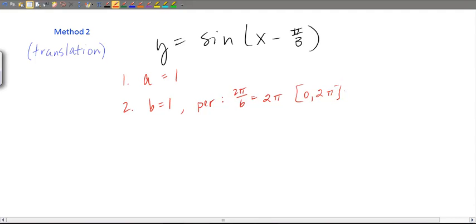Now I'm going to take this interval and I'm going to break it up first, right away. We know that this breaks up into 0 and 2 pi. I know halfway in between 0 and 2 pi is going to be pi. Halfway in between 0 and pi is pi over 2.